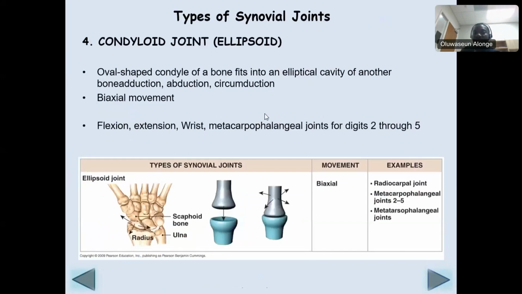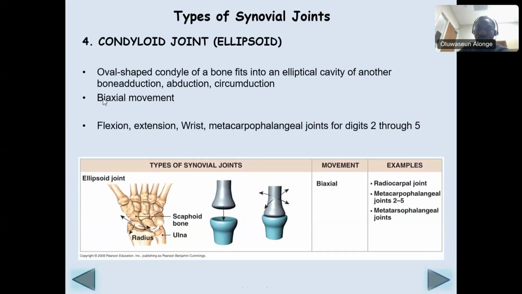Now, condylar joint is the joint that's what you see. It's a biaxial joint. It's when you see the radiocarpal joint, the radius and the carpal joint. That's the joint you see between the metacarpal and the phalanges. And then the same joint you see between the metatarsal and the phalanges.